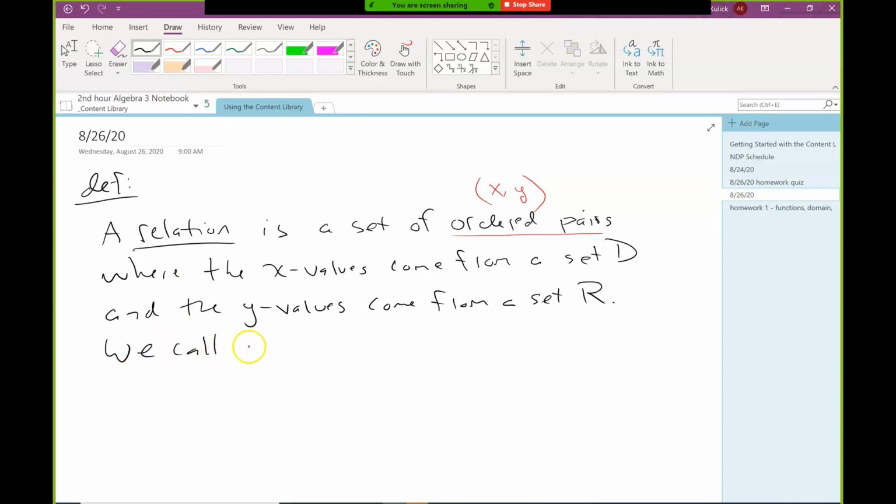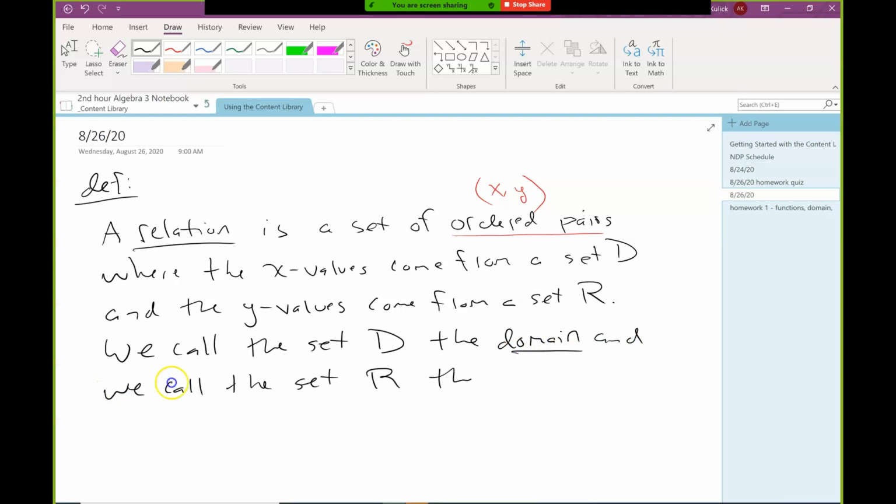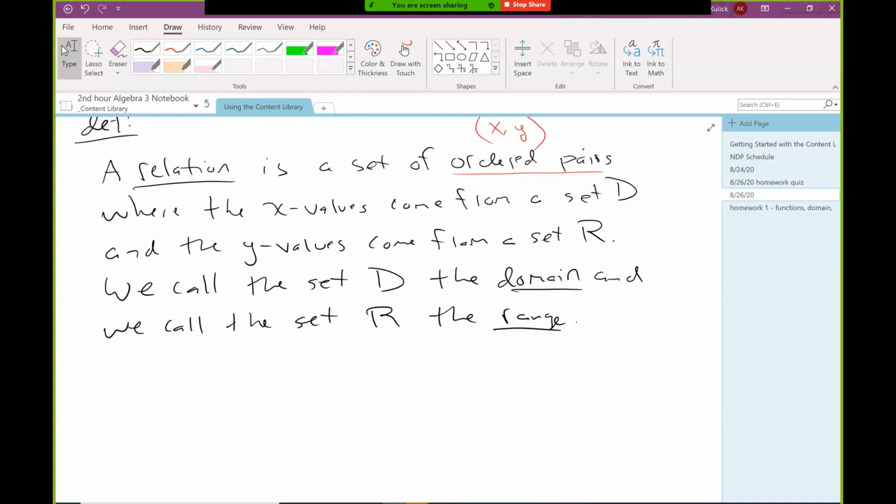We call the set D the domain, and we call the set R the range. So just like yesterday, a relation is a type of set.